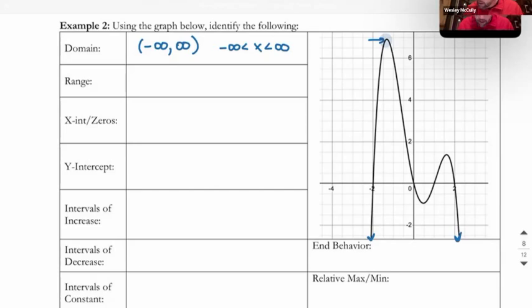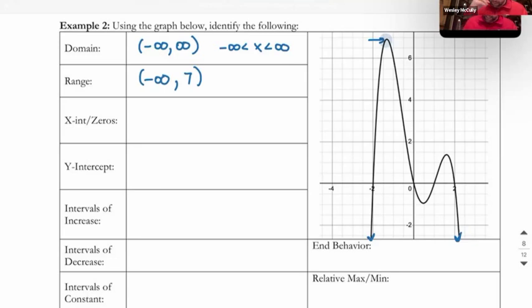So that is almost 7. So we can approximate that value. It's not exactly 7, but it's almost 7. So our range is going to be from negative infinity, because it's going down forever and ever, to, we'll say, approximately 7.